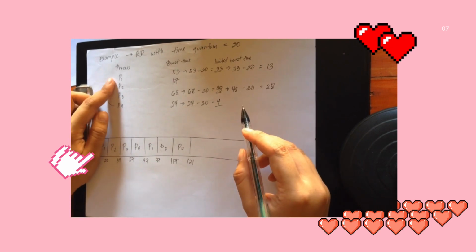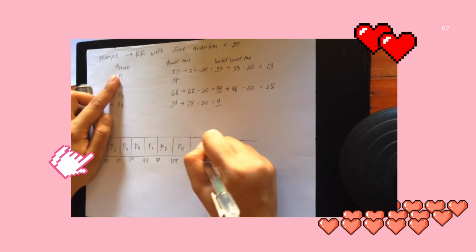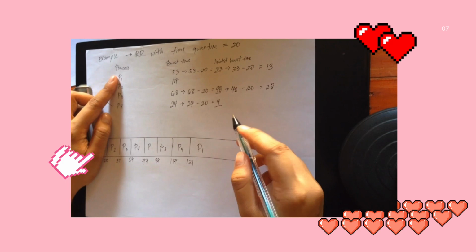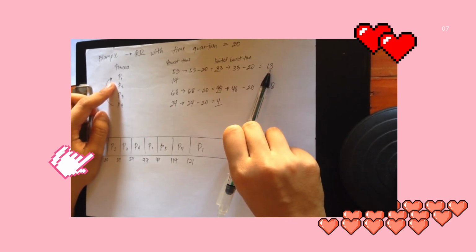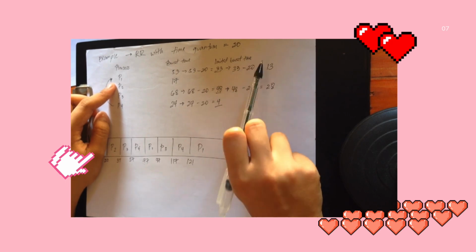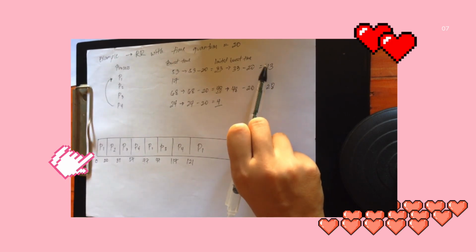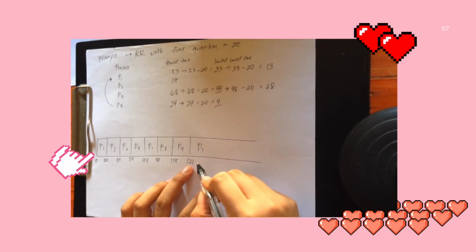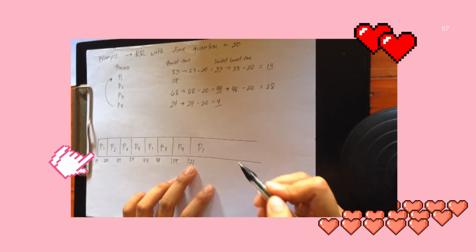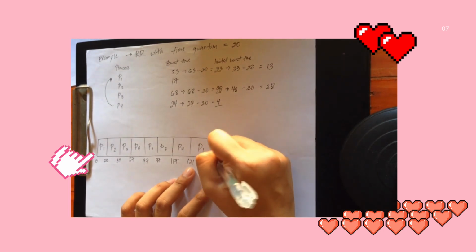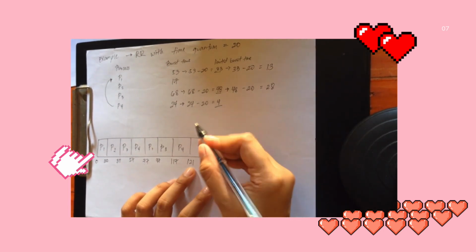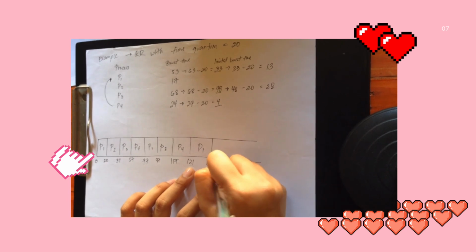So, we have P1, which is 13. 13 is less than 20, so the time quantum can execute it. So, 121 plus 13 for the value of P1 is 134.